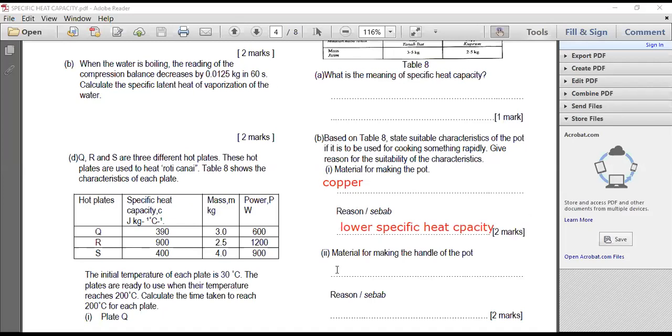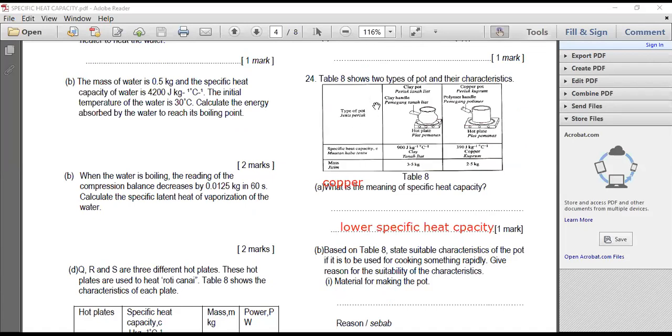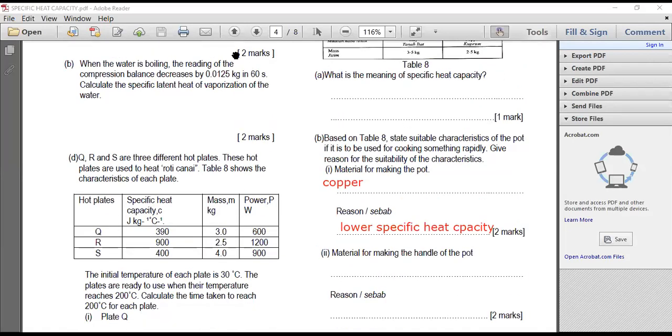Okay, so the material to make the handle. The material, there is clay and polymer, right? So we choose polymer.